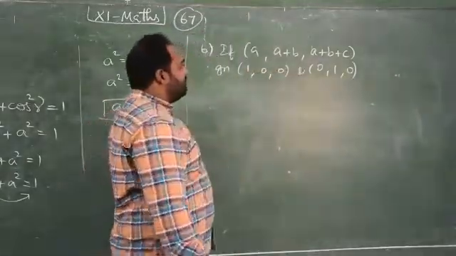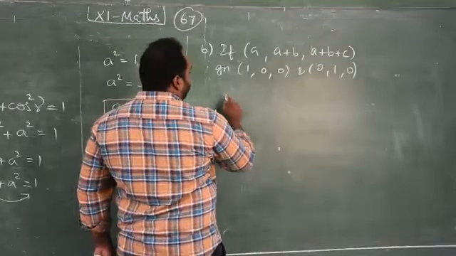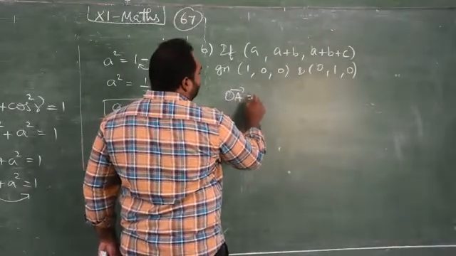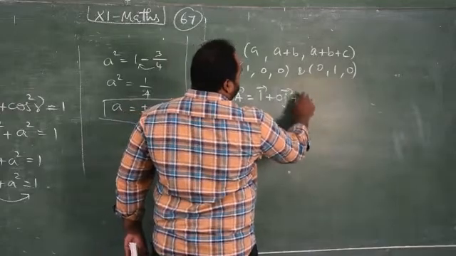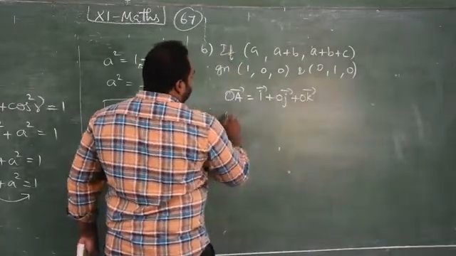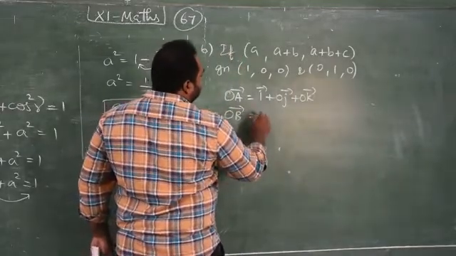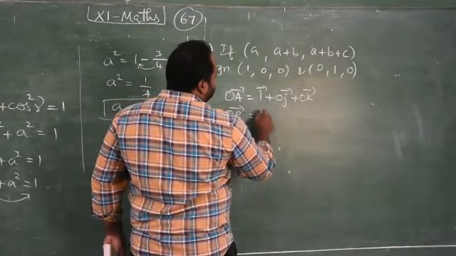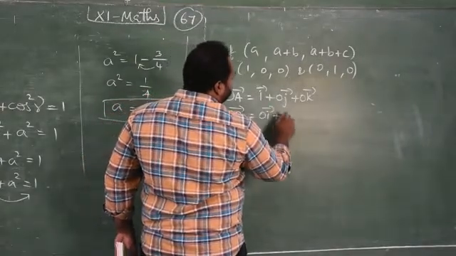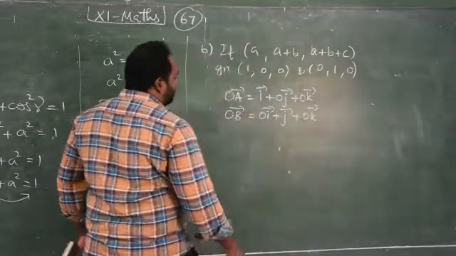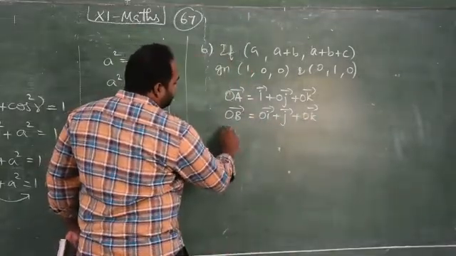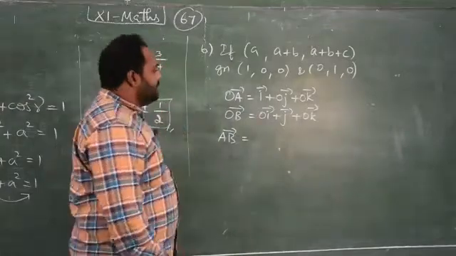They are asking us to find the values of a, b, c. These are the things given. Here I have the points OA equals I plus 0J plus 0K, and OB equals 0I plus J plus 0K. Now I am going to find the vector AB.